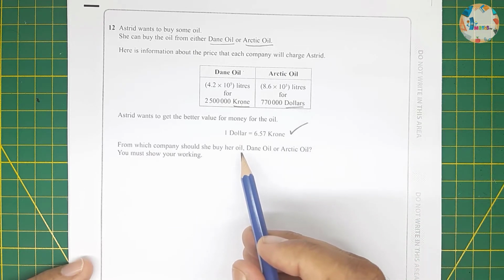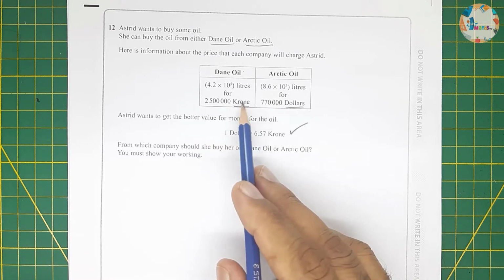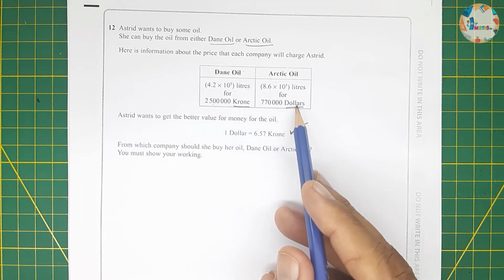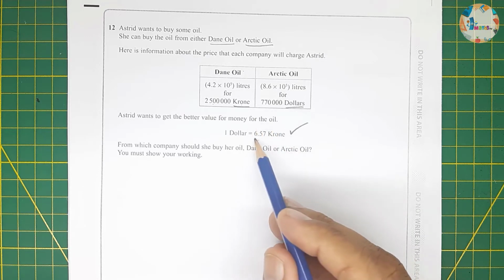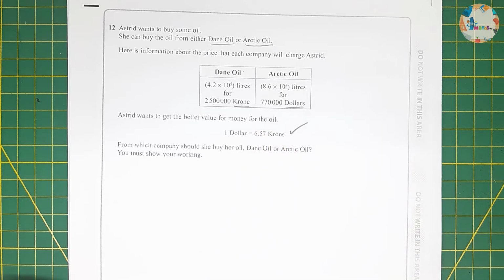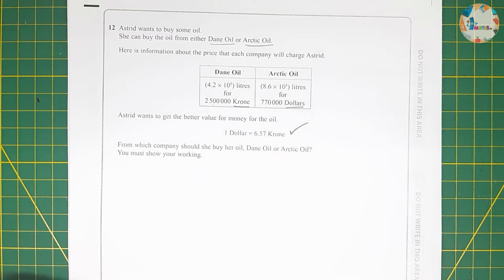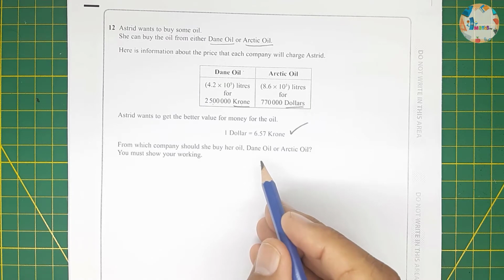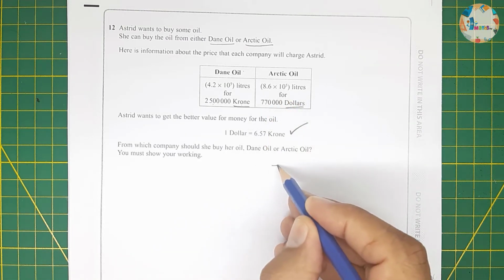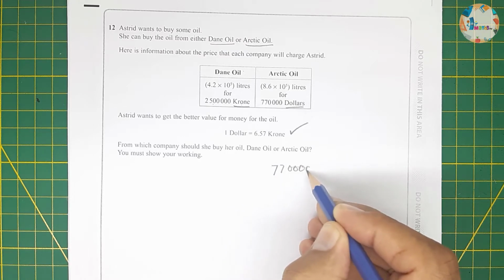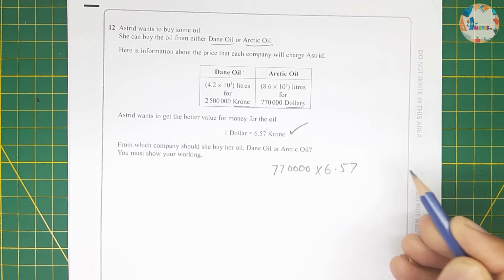So basically we have to convert this into one unit. We'll have to change crowns into dollars or dollars into crowns. So what we will do, we will change these dollars into crowns. For example, this one is in dollars, so 770000, 4 zeros, multiplied by 6.57.